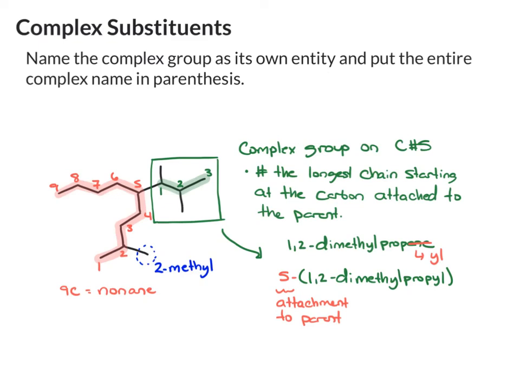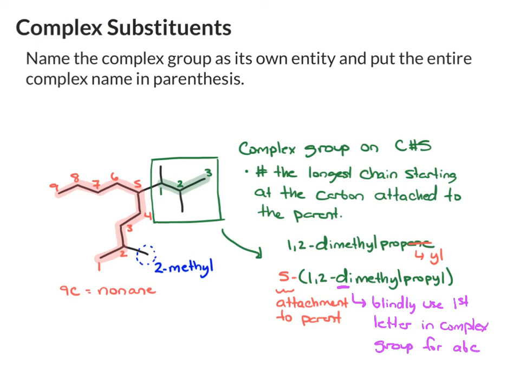For the complex group, you just blindly use whatever letter comes first. So when we alphabetize this, we'll do it based on the D.